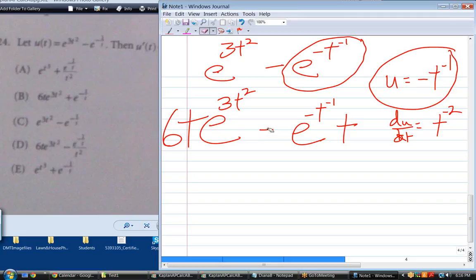In other words, it doesn't turn that into a positive. But du dt is positive. This ends up being t to the minus 2. Right. So this is my answer.